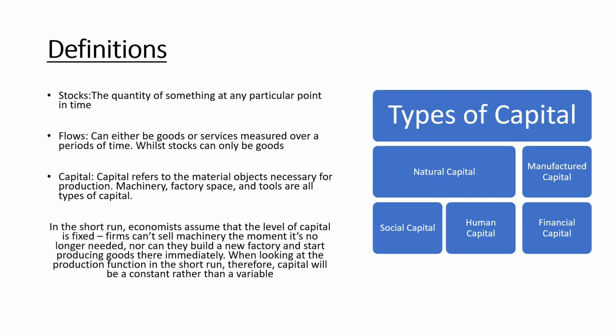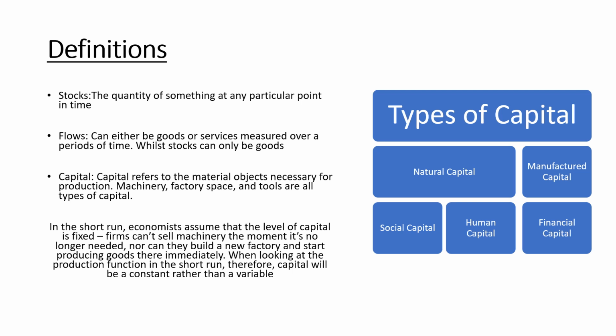The third definition, which is a bit different from the normal business or accounting definition, is capital. Capital refers to the material objects necessary for production. So they can be machines, they can be factory space, they can be tools. All of these things are types of capital. In the economic definition of capital, even know-how, even this course that we're taking, can be a type of capital.